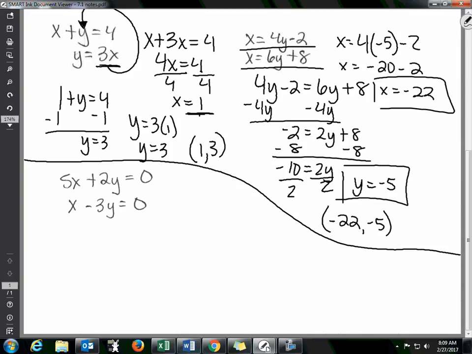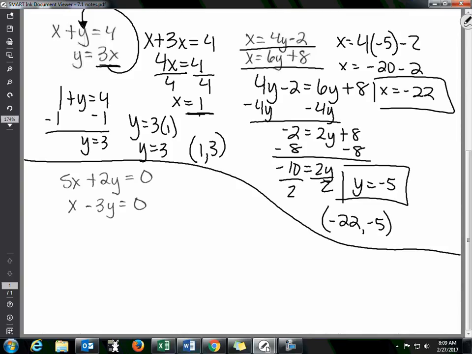So now you have to pick one of the equations, solve for one of the variables, and take what you solved and plug it in, right? So this is the really heavy algebra part of substitution, okay? And this is where a lot of students can make mistakes. This just takes a lot of practice to get really good at it.